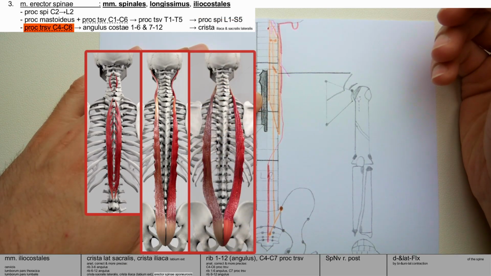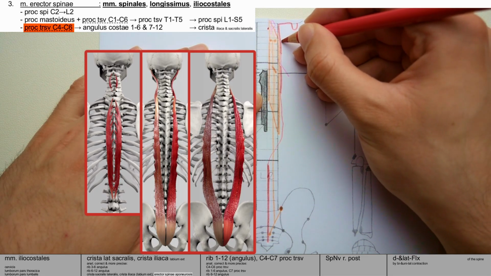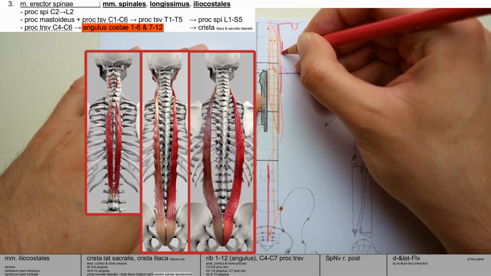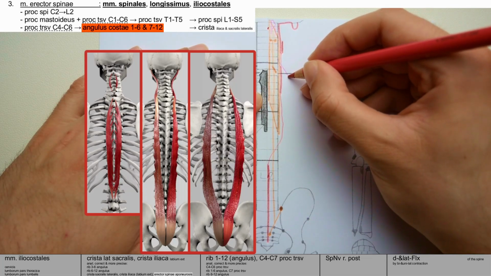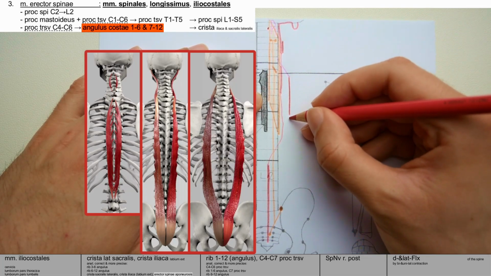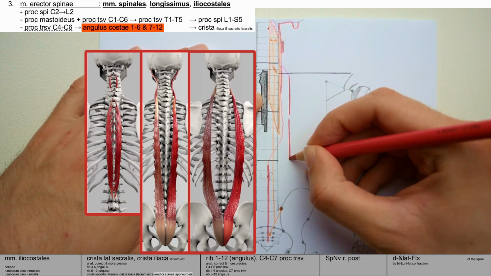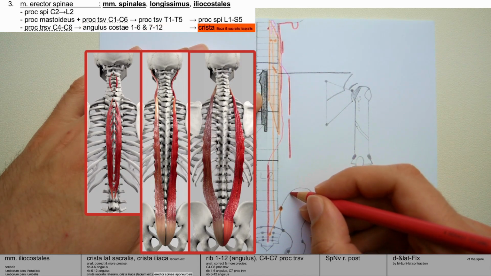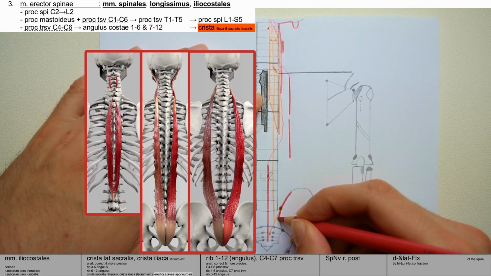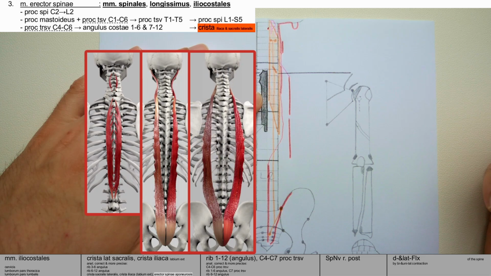The musculi iliocostalis range, to put it simply too, from processus transversus of C4 to C6 via angulus costae 1 to 6 and angulus costae 7 to 12 to crista iliaca and crista sacralis lateralis.